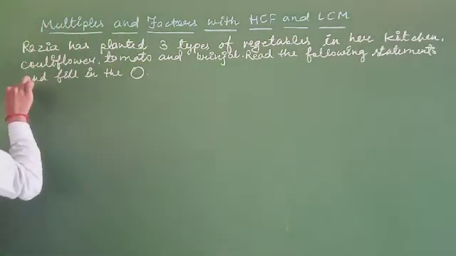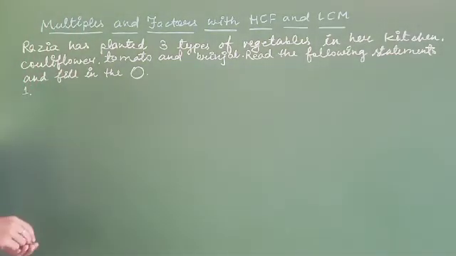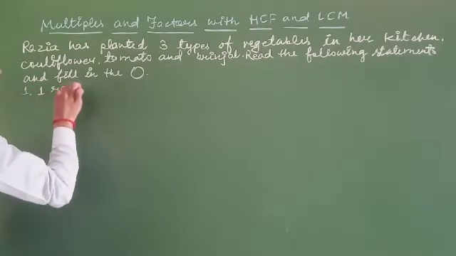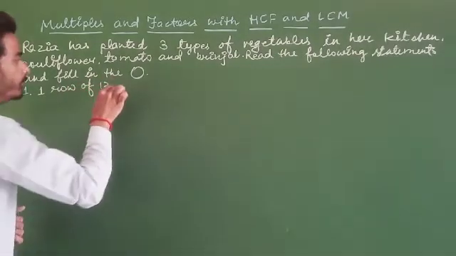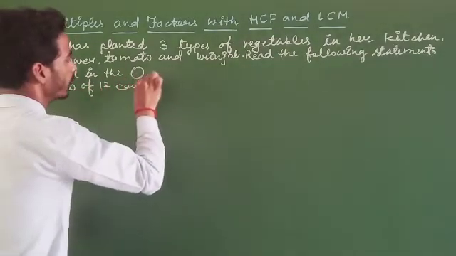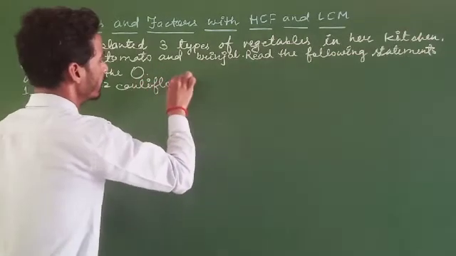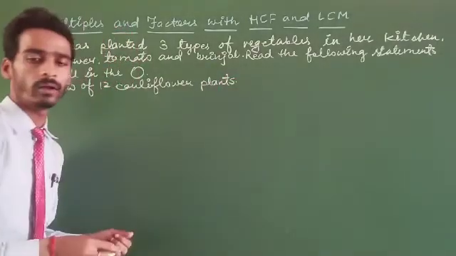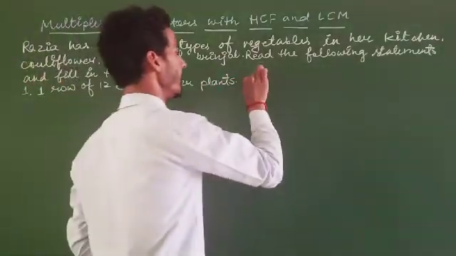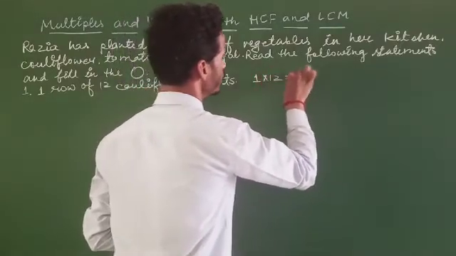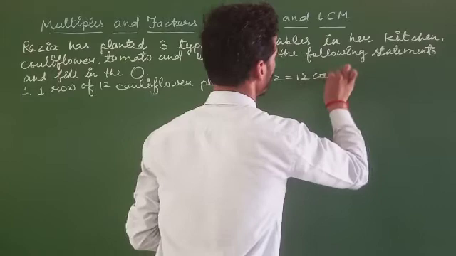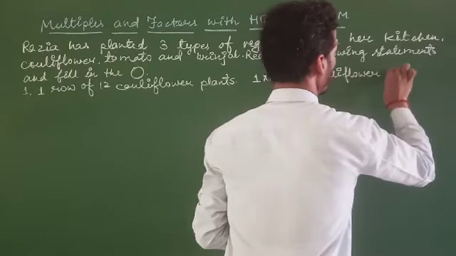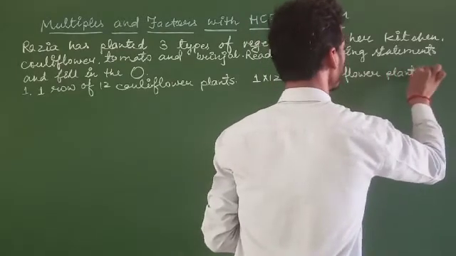The first statement is one row of 12 cauliflower plants. The multiplication will be 1 multiplied by 12, that is 12 cauliflower plants.